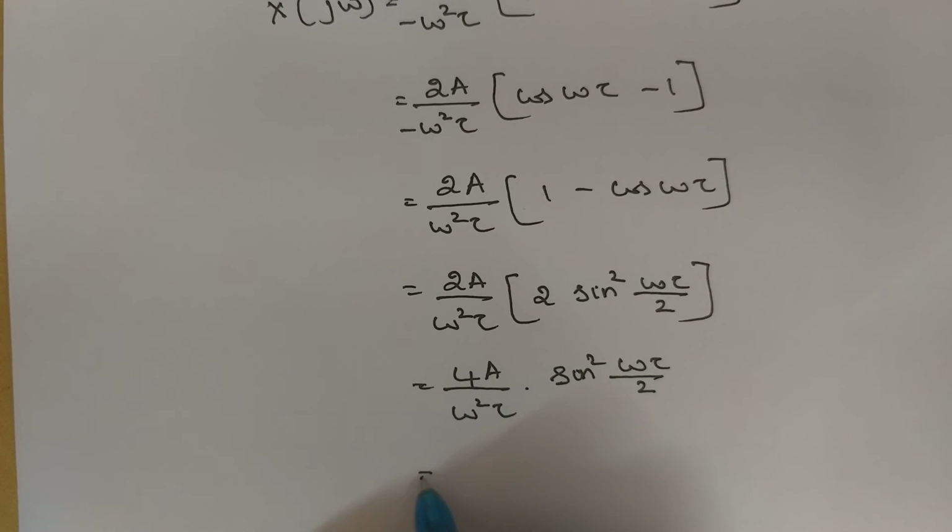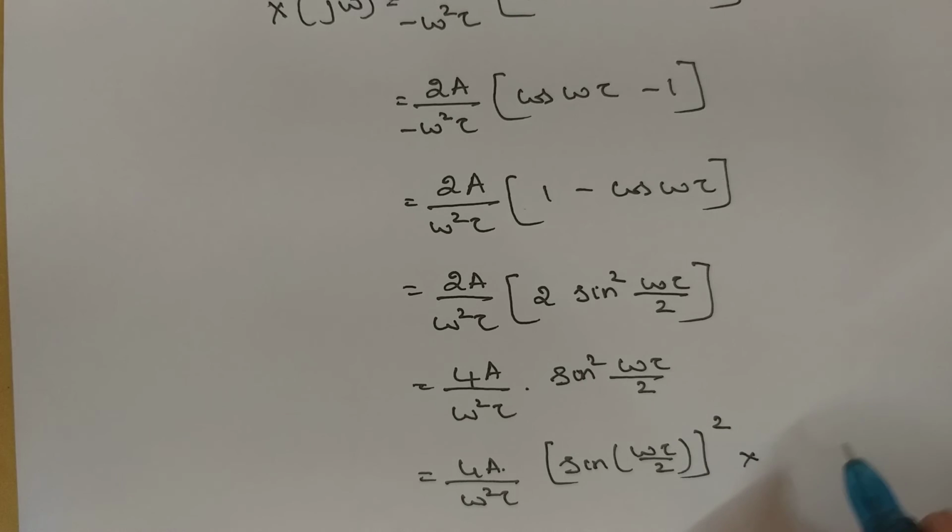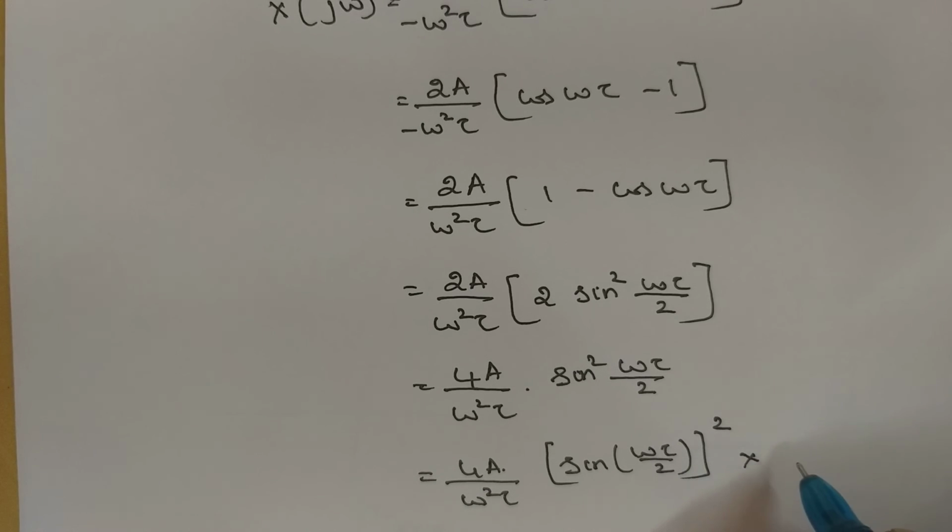So this we have to multiply with sine of omega tau by 2 whole square, and multiply with omega square tau square by 4 and divide by that particular term.